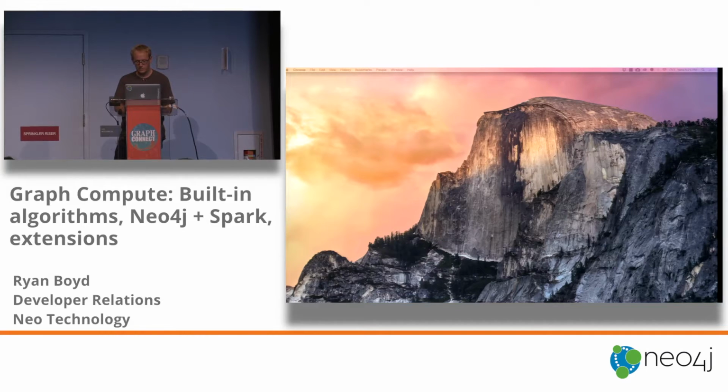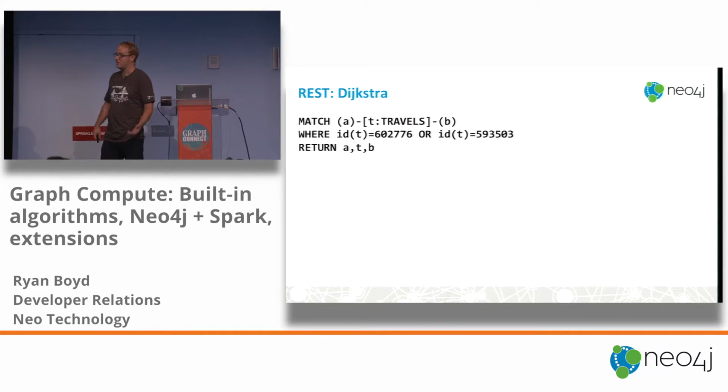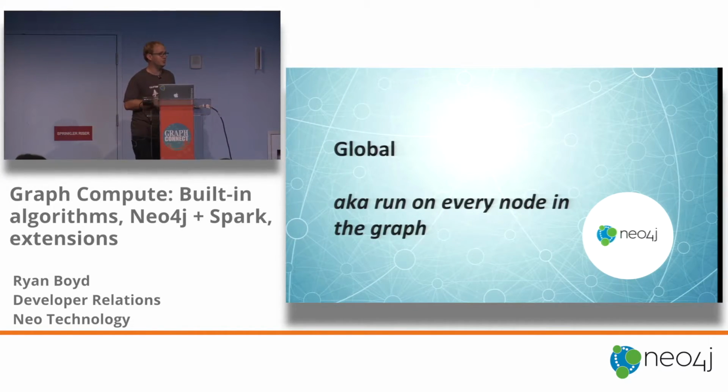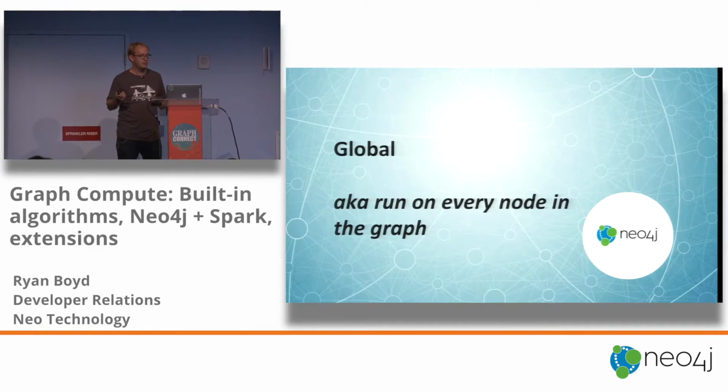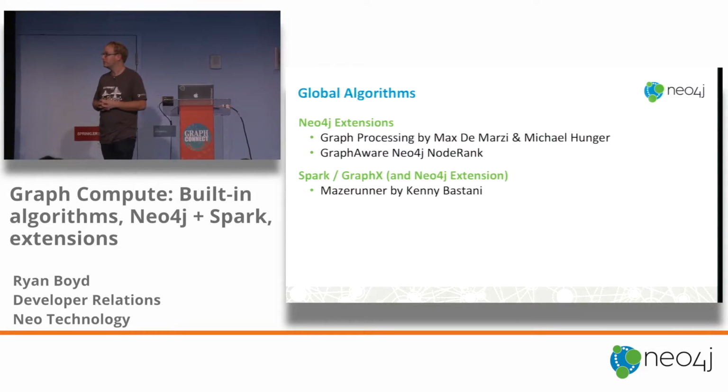Now if I jump back, that's a really basic algorithm that you can do, the subgraph style algorithm that is built into Neo4j. But a lot of you probably want to do more global algorithms. There are a couple different ways to do global algorithms.